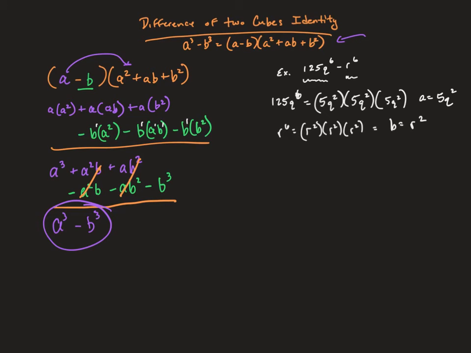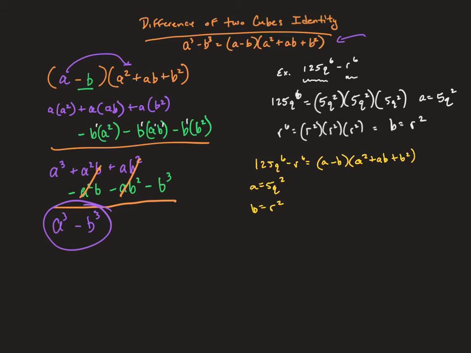So when I do my substitution, I have 125 q to the 6th minus r to the 6th is going to be a minus b, right, times a squared plus ab plus b squared. So we said that a is equal to 5q squared, and b is equal to r squared.